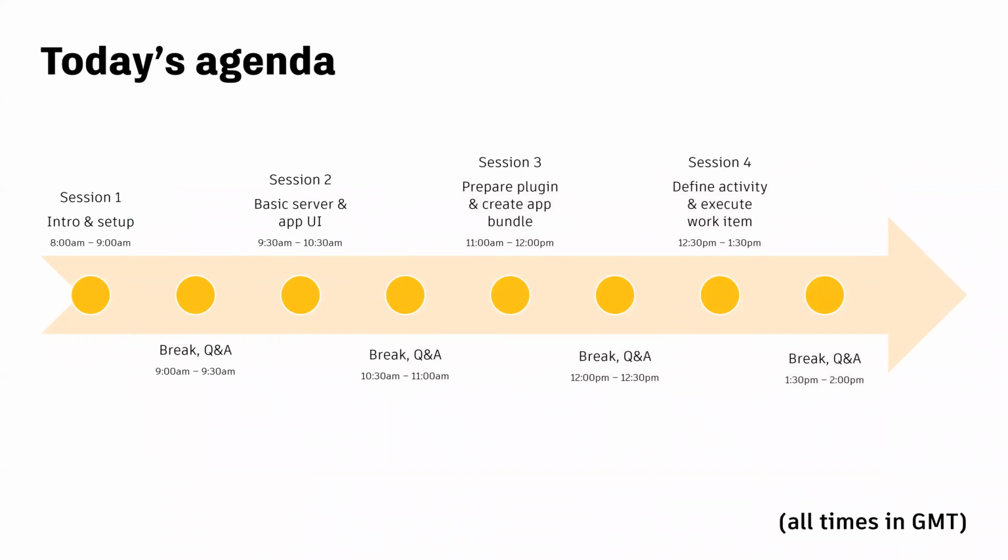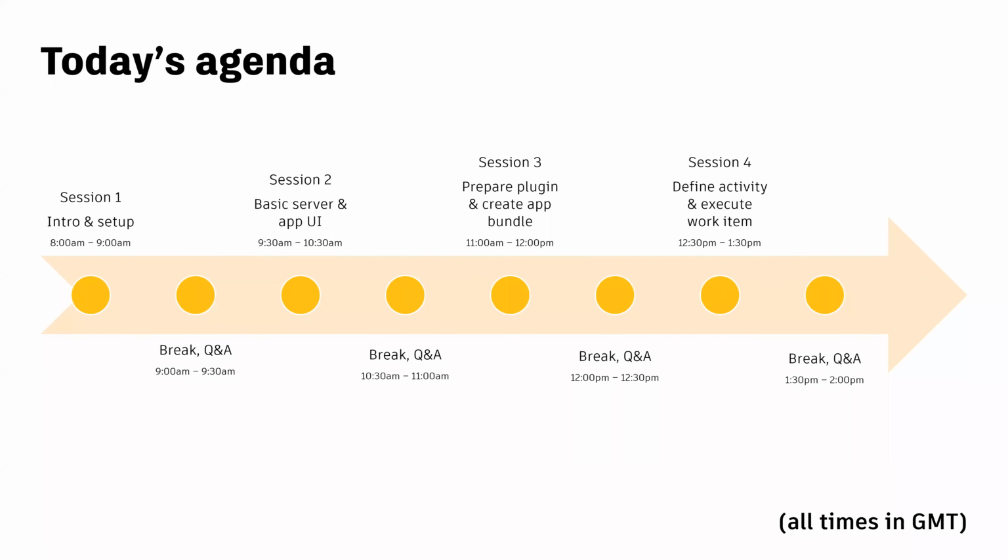The first session will be of an hour. I will be talking about the introduction and the basic setup of design automation. And after that, we have a break for 30 minutes. And after that, we will be starting how to set up a server and how to create the UI of our web application. In session 3, we will be preparing a plugin and we'll create an app bundle.